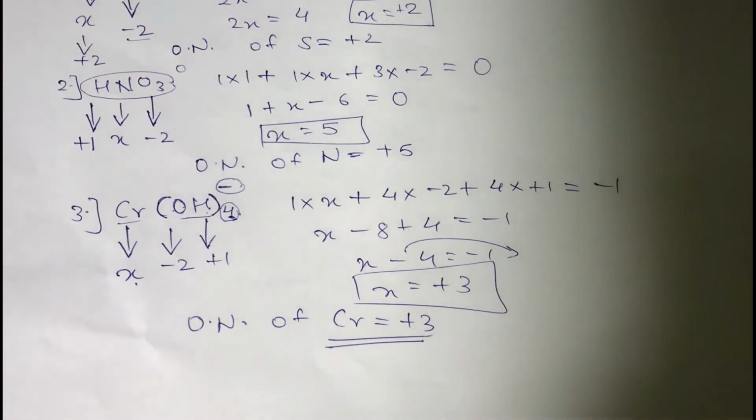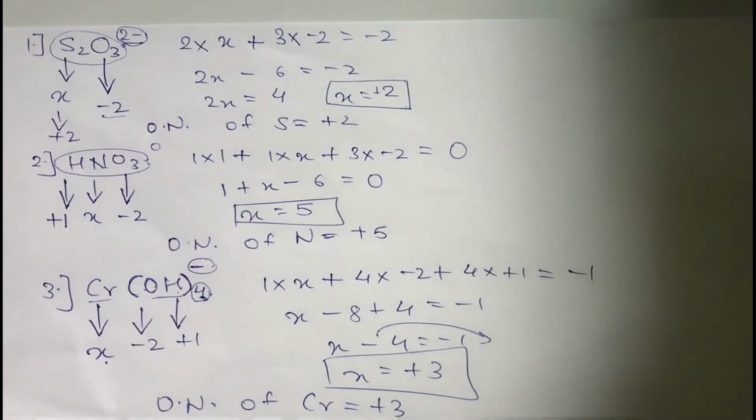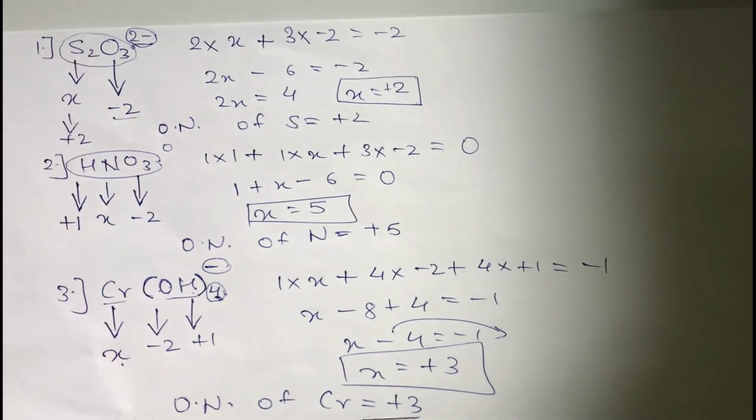Okay, so guys, this was a few examples of how you can find out the oxidation number of an unknown atom. Now I would like to tell you one thing, that whichever 3 examples that we have solved over here, we have solved only on the basis of knowing the values of oxygen and hydrogen.